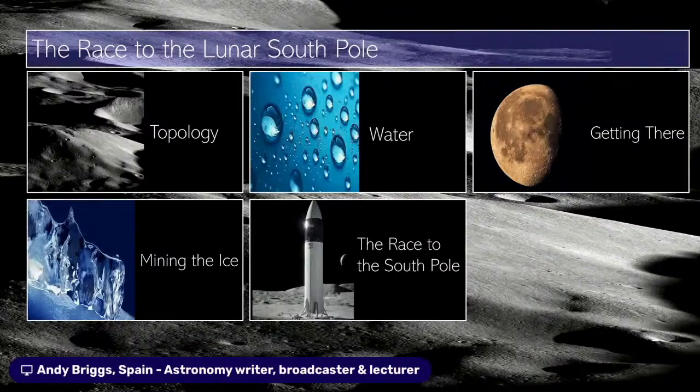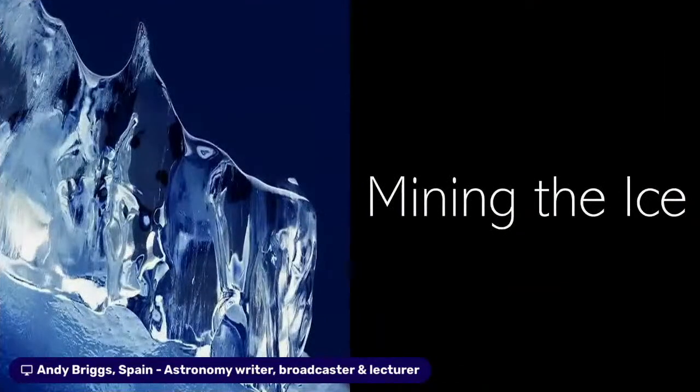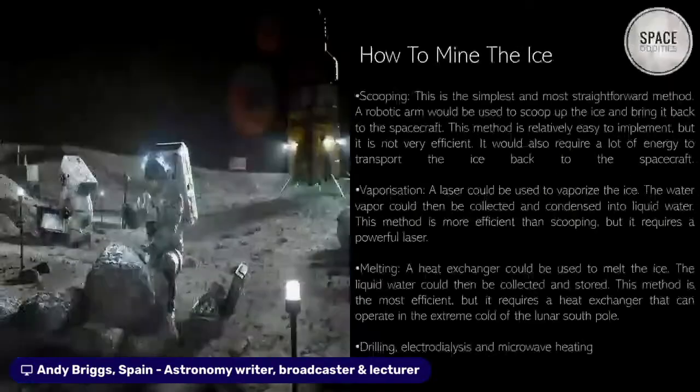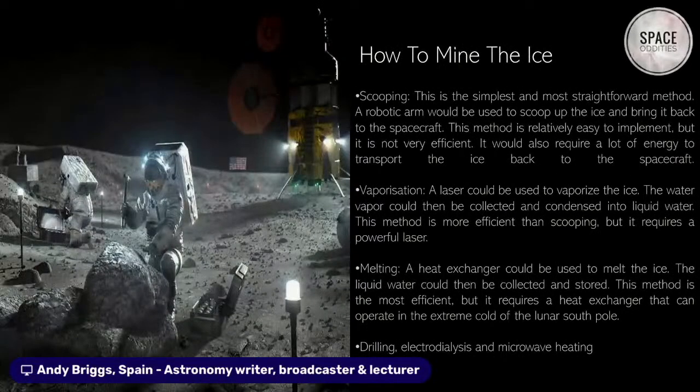Assuming that everything goes well, they want to get at the water. So how do we actually extract ice and water from the moon? Well, you've got a number of different options for getting it out. You can scoop it with a robotic arm, but it turns out that's not very efficient and certainly not energy efficient.